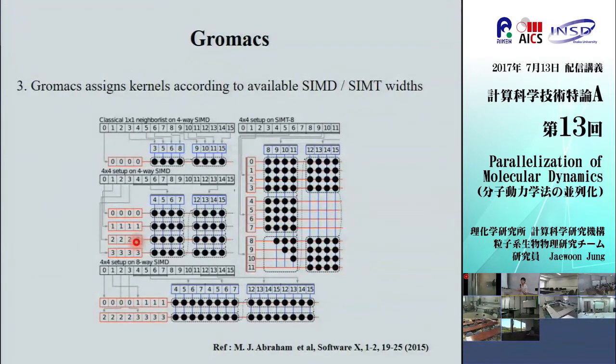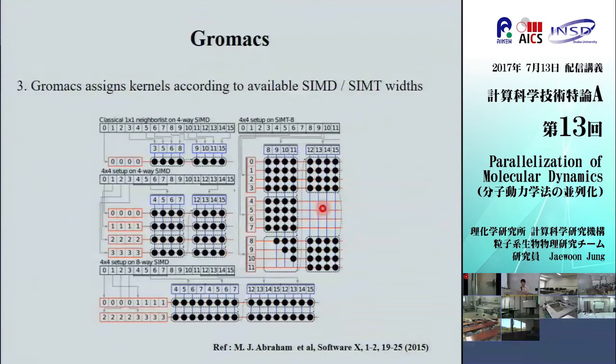If you compile the software with Intel, you can see messages such as do loop is vectorized or do loop is not vectorized. If you see the message that a do loop is vectorized, you can think that SIMD is well applied. To assign this SIMD, they make groups according to SIMD width.